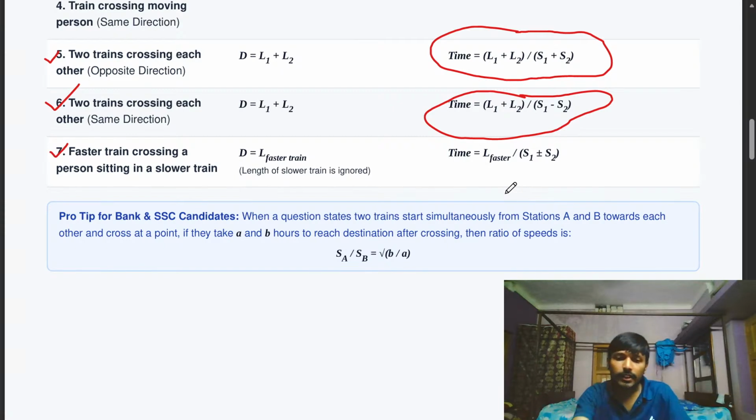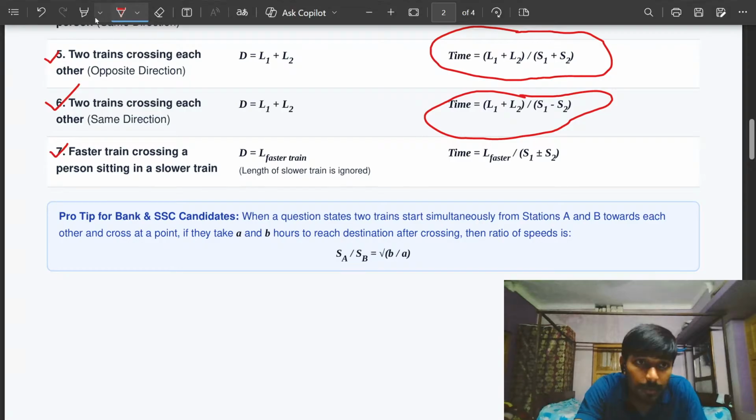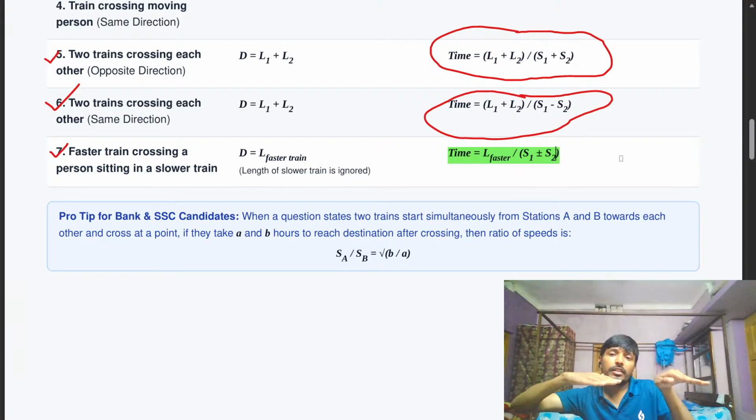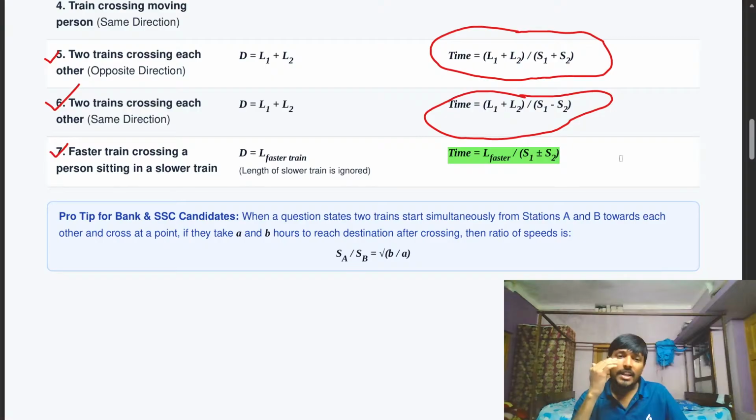So the formula for time is t equals the length of the faster train divided by S1 plus or minus S2. Plus is used when they are in opposite direction, so the speeds of the two trains will be added.